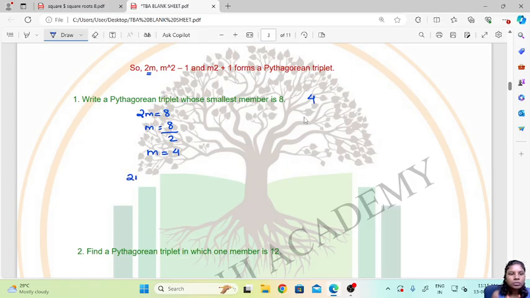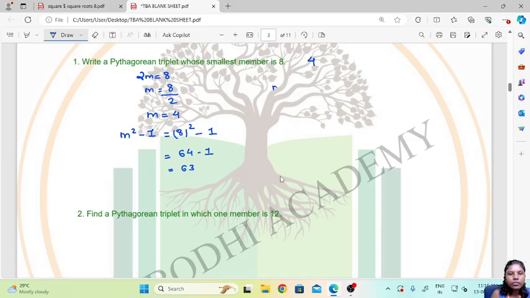Now second number is m square minus 1. So in this m square, m is 4 again, this is square minus 1. 4 square is 16 minus 1. So I'll get 15 here.